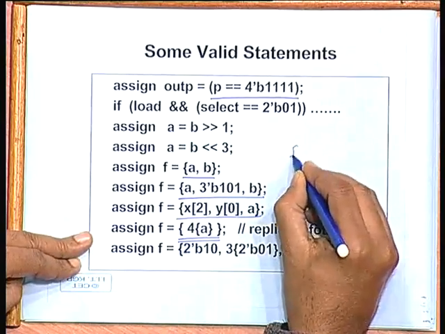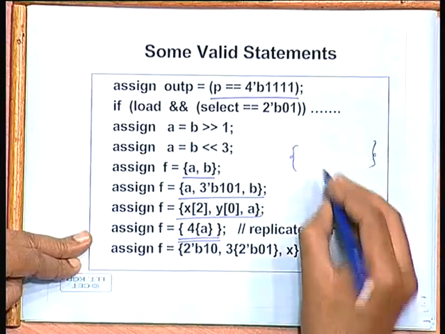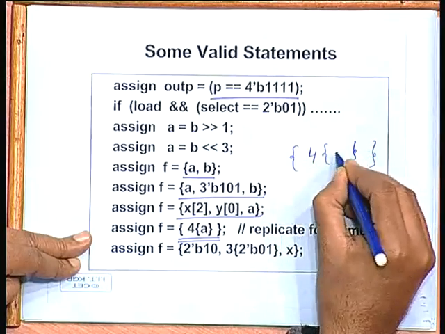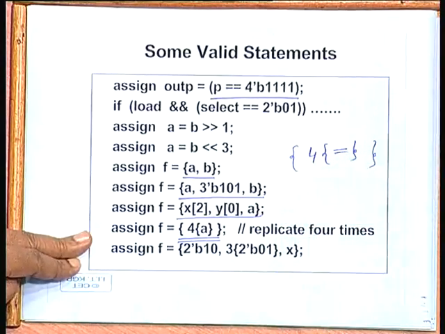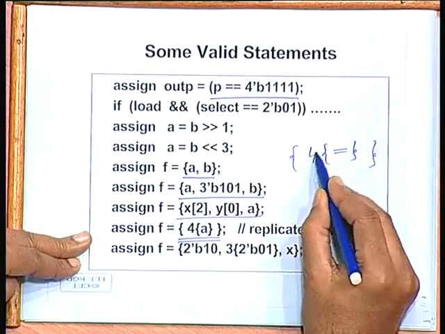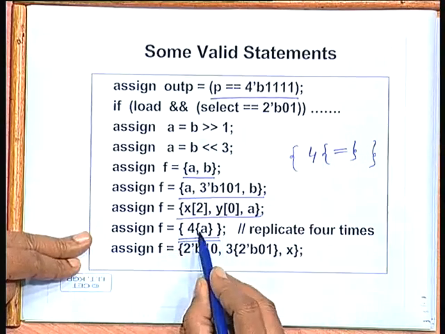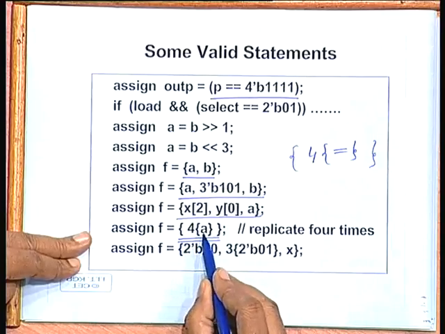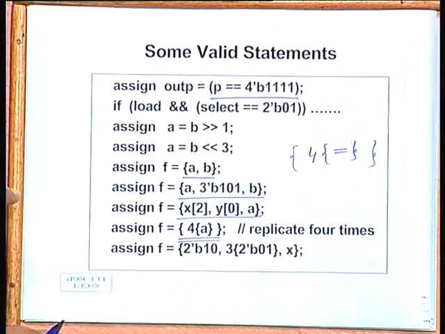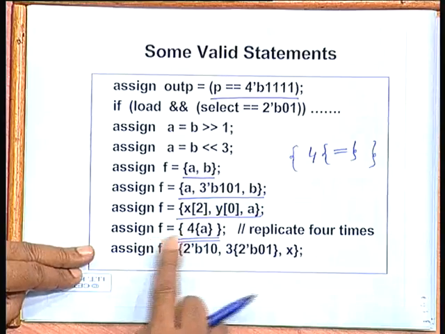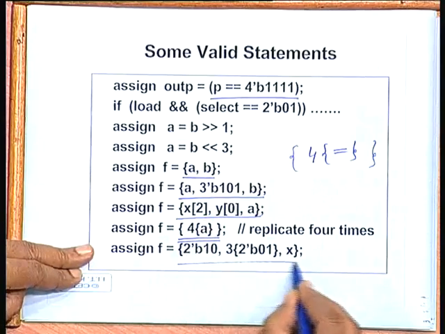See, within curly brackets, if you give a number, again a curly bracket, within the curly bracket you specify something, then that something will be replicated so many times. So, in this example, whatever is the value of a, that will be replicated 4 times, and then that will be assigned to f. This replication and concatenation you can mix up.